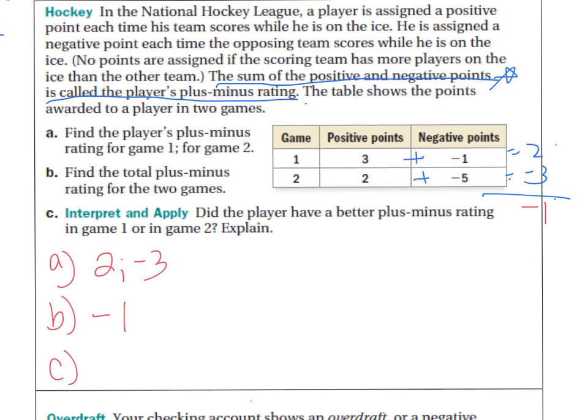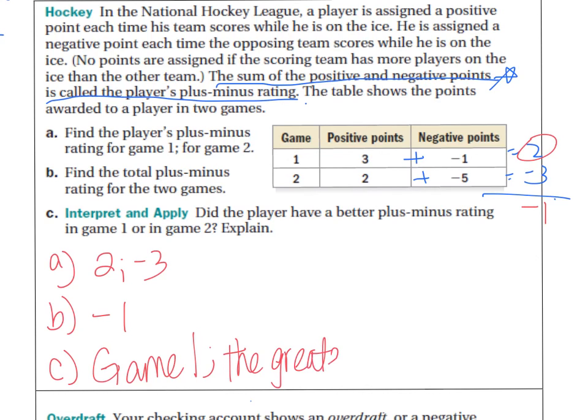Did the player have a better plus or minus rating in game 1 or in game 2? We will say game 1 because the greater the plus-minus rating, the better the rating.